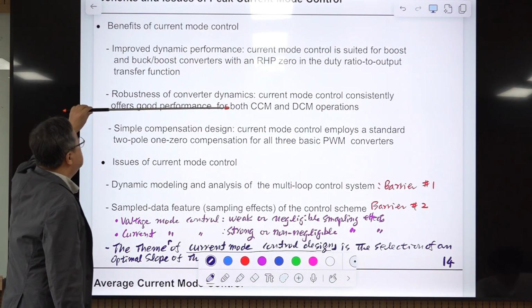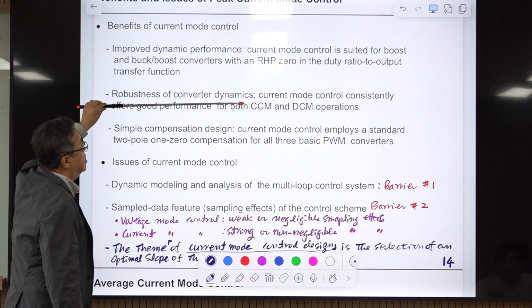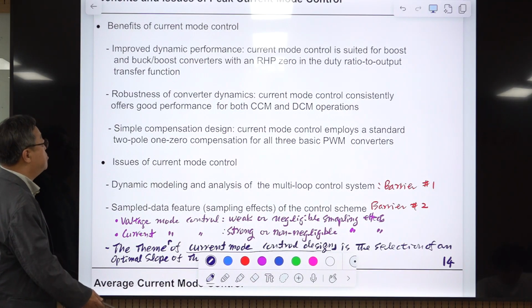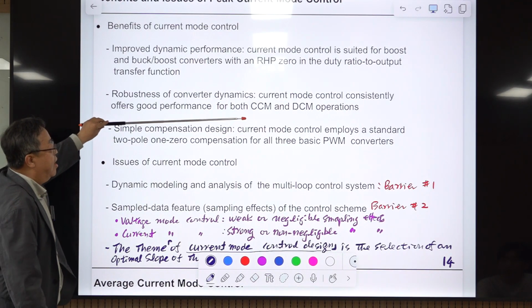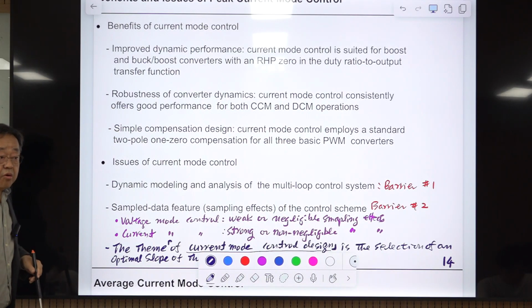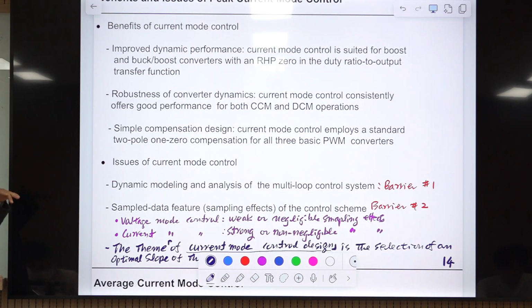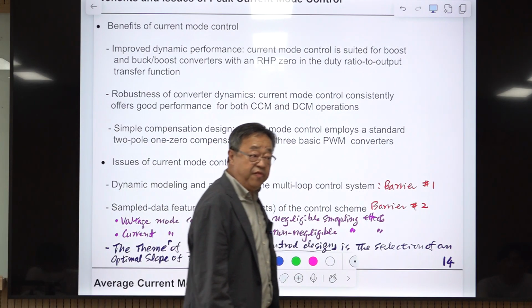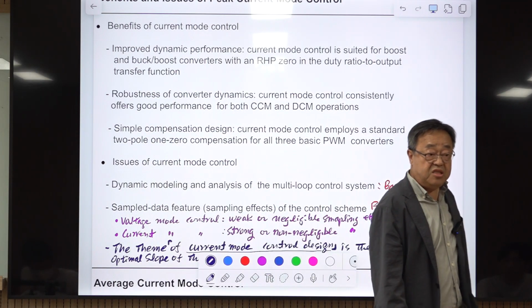And the second one is this: the converter dynamics remain almost the same, regardless of the change between CCM and DCM operation. Previously, we have seen that voltage mode control is good for the buck converter when the converter is in CCM.